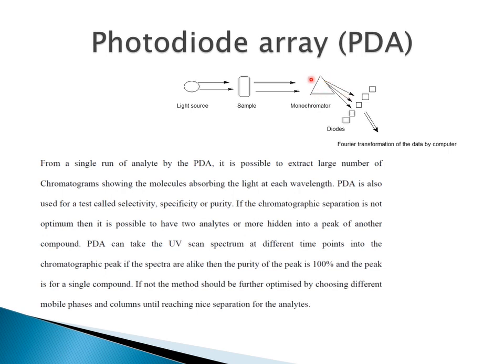You can think of a grating as a computer CD. You can see that a computer CD gives rise to rainbow colors because it has the capability to resolve light. The same thing, we use gratings here to resolve light, and each light beam with a certain wavelength will be measured by a diode.